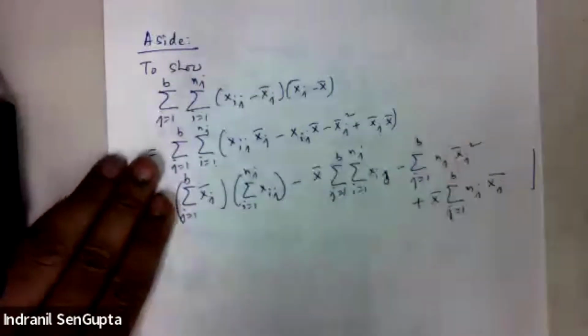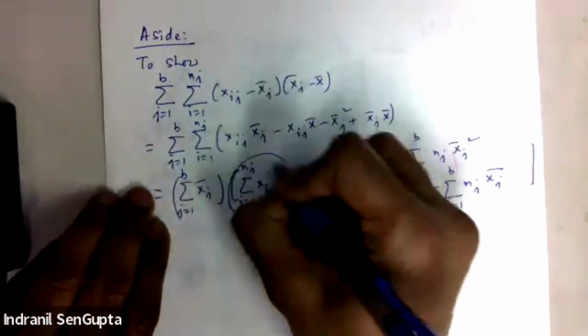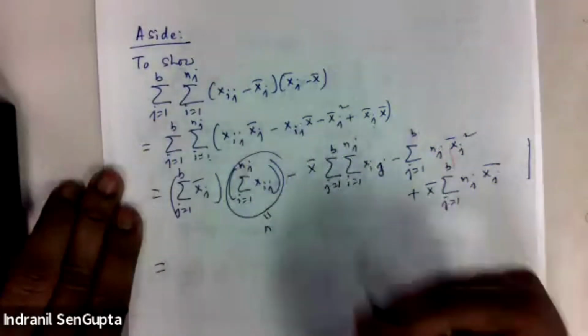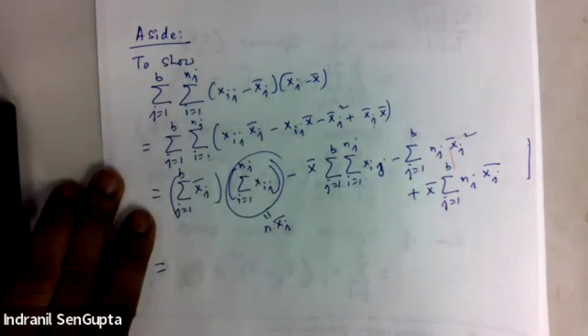Okay. We're almost done. Just observe that I can write this one as n xj bar. Right?